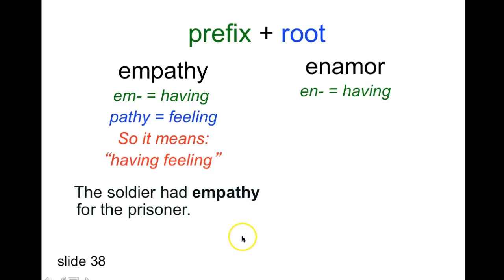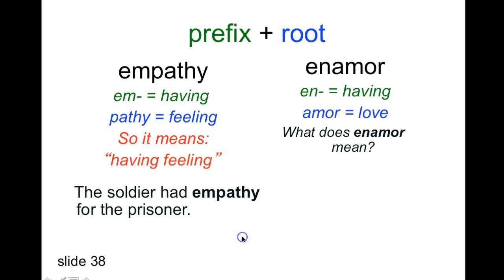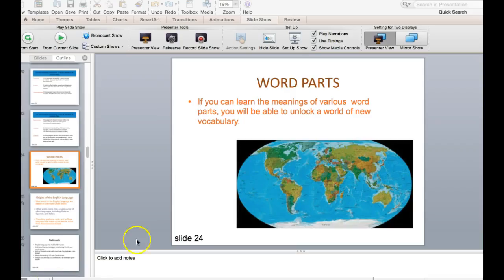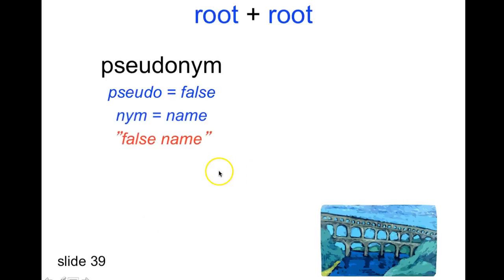En also means having, and amour means love, so enamor means having love. A sample sentence for that would be: the young man was enamored with his girlfriend.